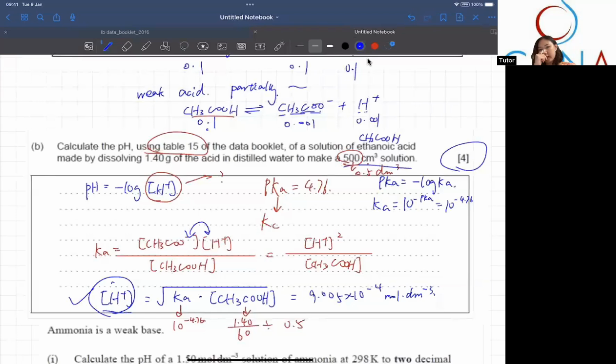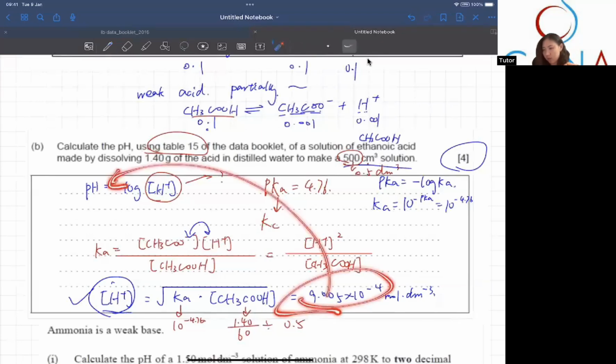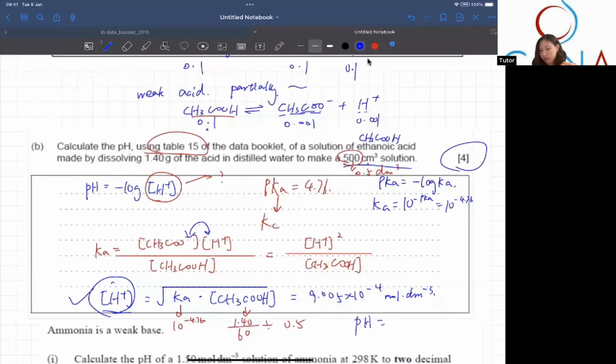Okay. And now we put this answer into our original pH calculation equation. The pH is supposed to be minus log of this value, which should be 3.045, like 0.5, this value.